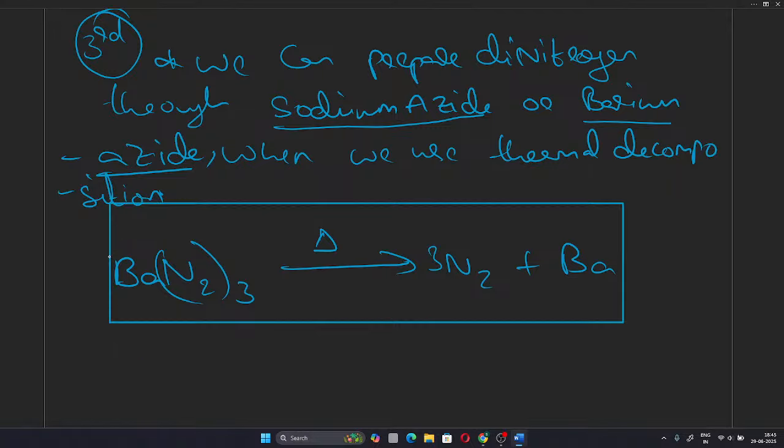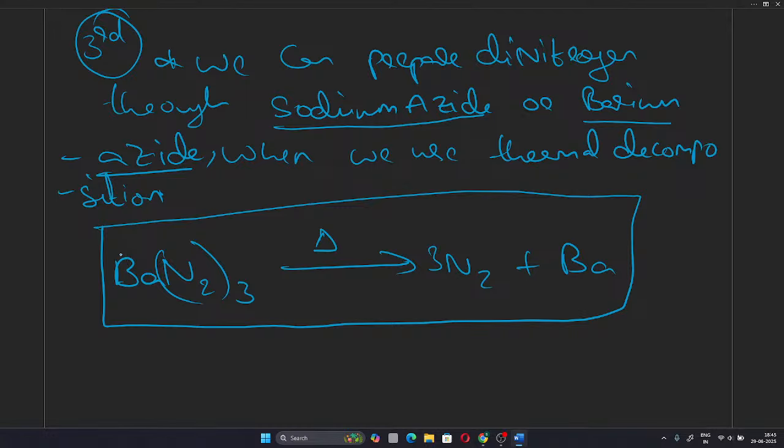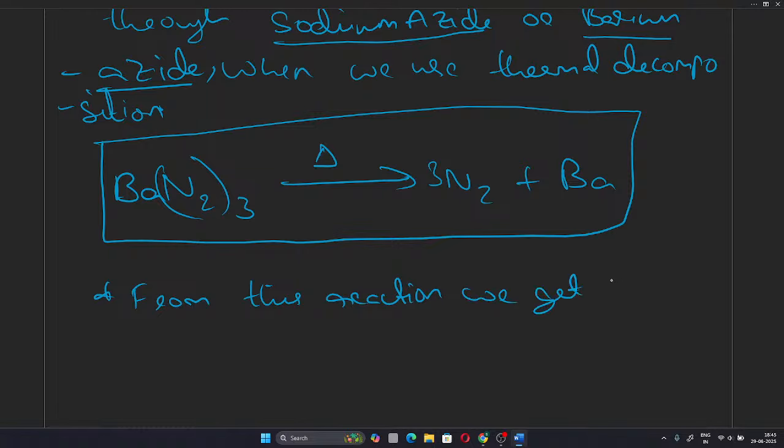Not too good, even though it's whatever. In this equation, no. From this reaction, we get very pure dinitrogen.